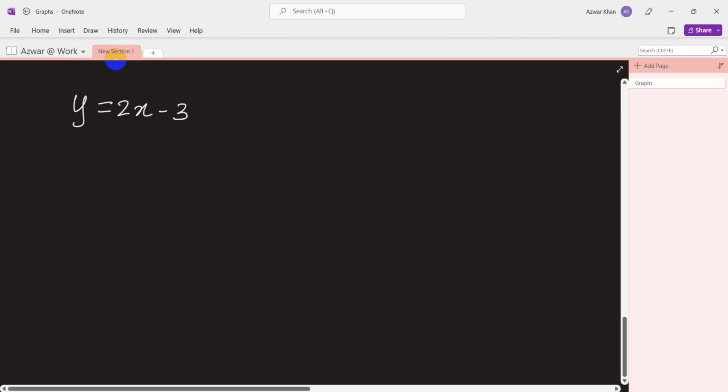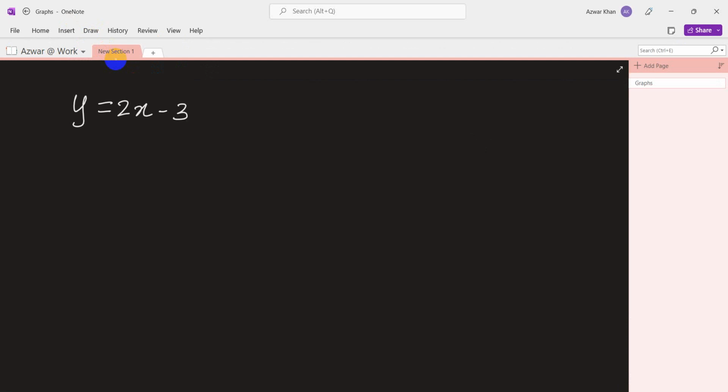Usually what happens is we take a range of x values. Let's say I'm going to take x values as minus 3 to plus 3. So I take minus 3, minus 2, minus 1, 0, 1, 2 and 3.